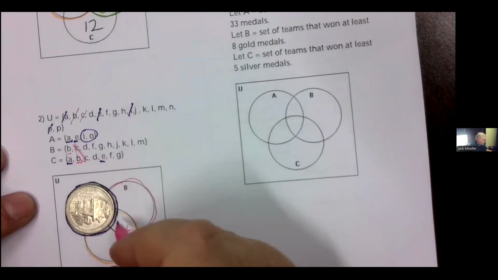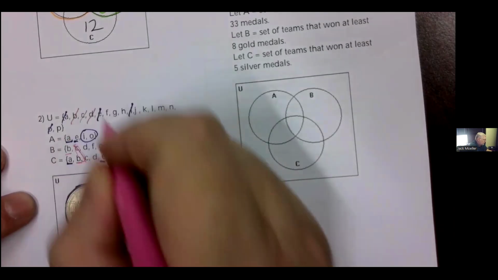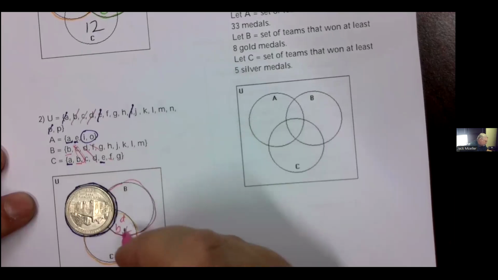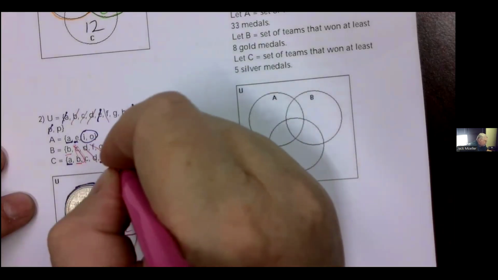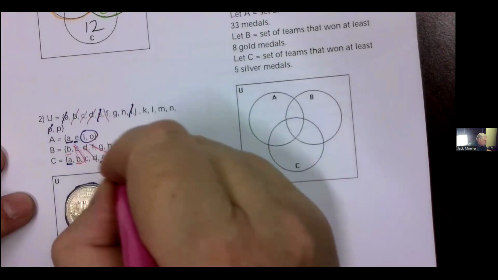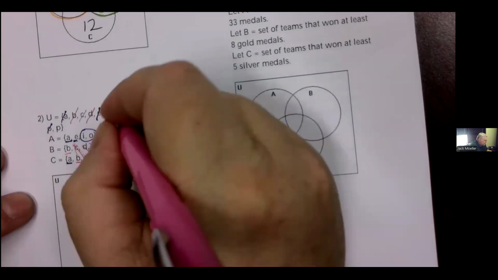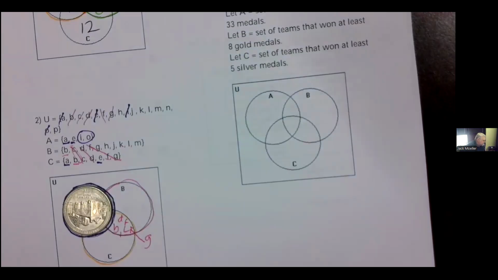D is the same way. F also, that's a crowded little region. And G, that's very popular. All right, I'm gonna have to draw an arrow. Okay. So there's b, c, d, f, and g are all in B and C, but not A.